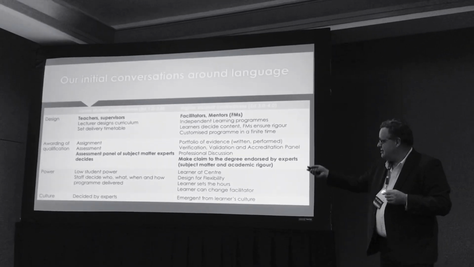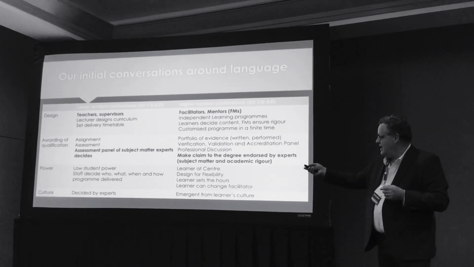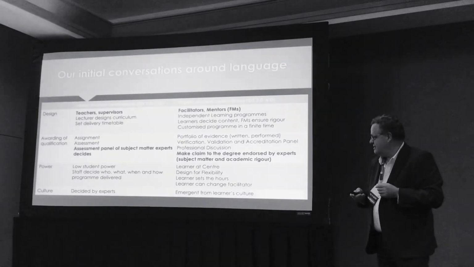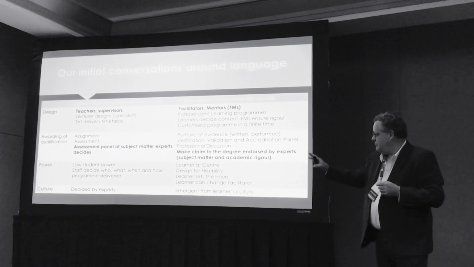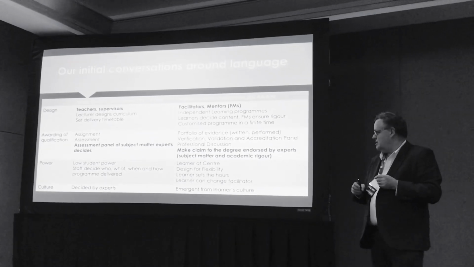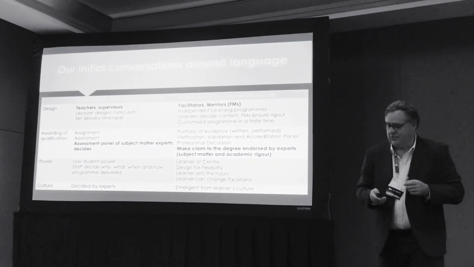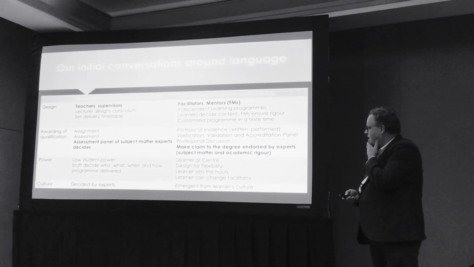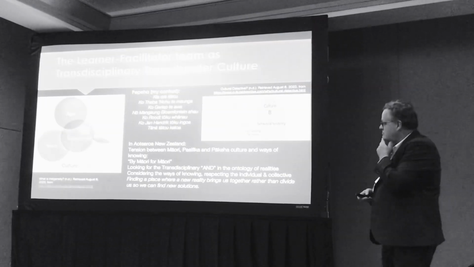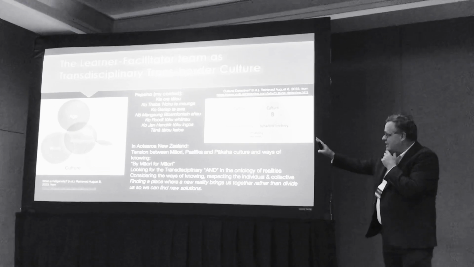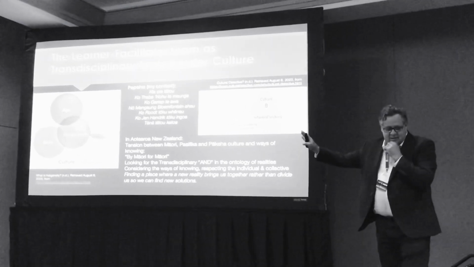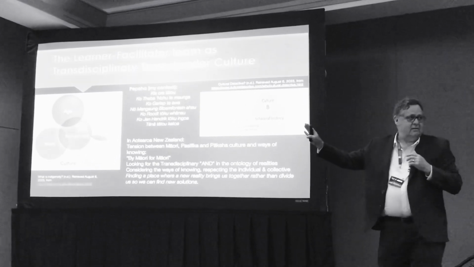So you can go through this and you can see how the power shifts, and then how the culture shifts. Culture decided by experts, but on this side it's emergent from the learner's culture, and that's where I want to go next. What do we mean by culture? So the diagram on the left-hand side reflects aspects of culture.